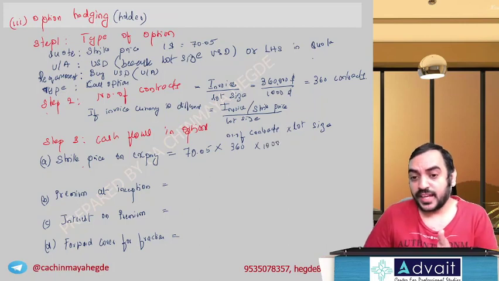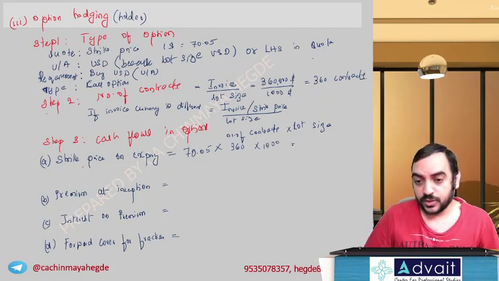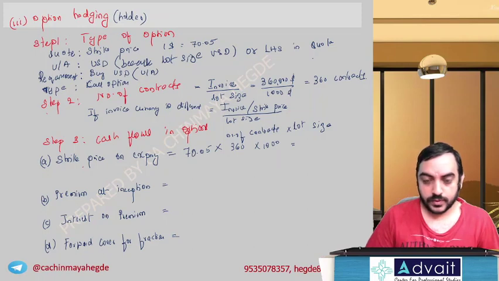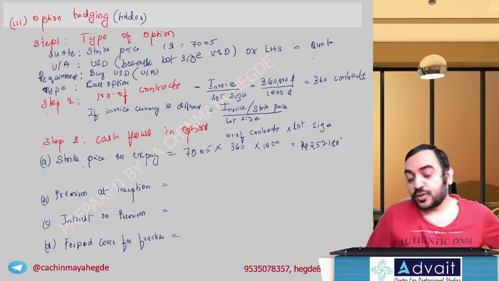So it happened to be 3,60,000, but not always, when rounding off happens. So equals 2,52,18,000 rupees. 2,52,18,000. Now one more question.